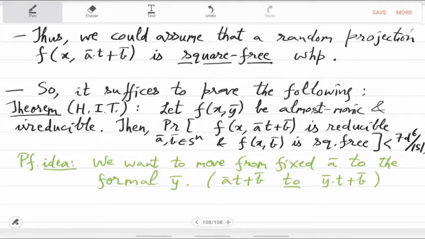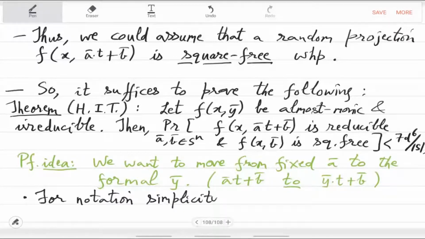So, also for simplicity, we will assume b bar to be 0. We can assume without loss of generality that b bar is 0, just to make the notation a bit simpler, that is all.